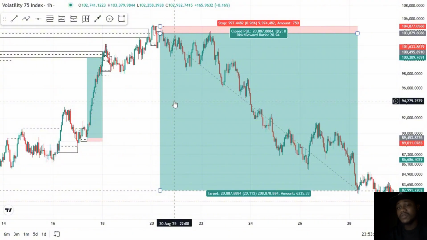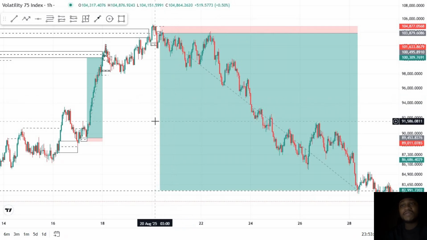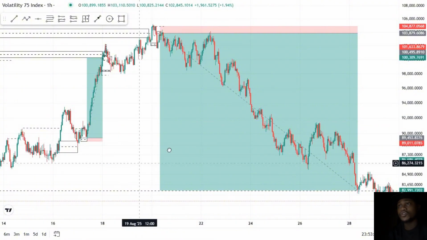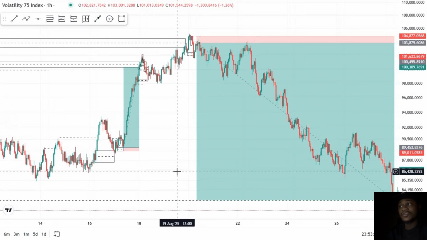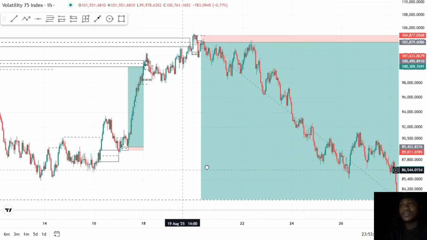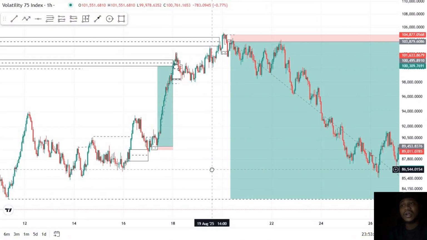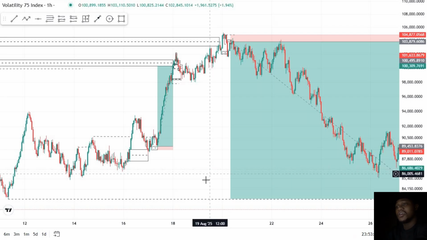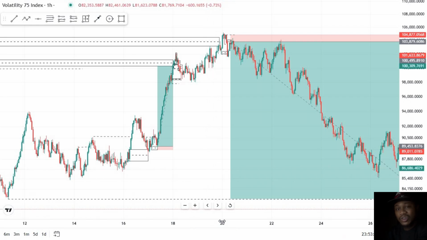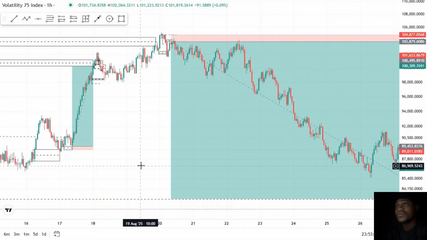I don't know if any prop firm has a synthetic indices option, but they have the NAS 100 and all the other indices options. But in the synthetic indices, you'll be flipping your small $10 account to a $1,000 account within like 3 trades, and with the losses, you can still make maximum 1 hour, 2 hour trades, so it cannot hurt you that much. So this is the full breakdown.